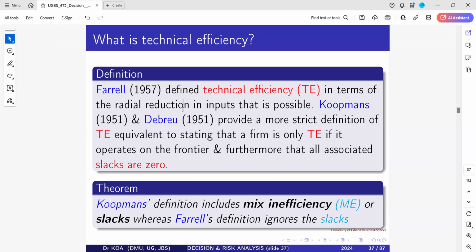I'd like somebody to tell us the difference before we wrap up today. Frank, do you have an idea? I mean, attending my class. What's the difference between technical and mixed efficiency? Emily, the difference between technical efficiency and mixed efficiency.